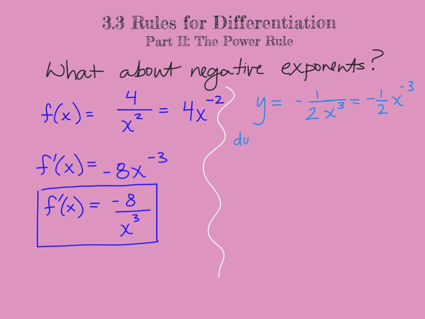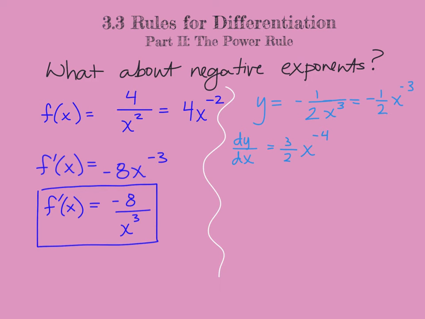So to find our derivative, y prime, or dy dx, we follow our power rule, and we bring that negative 3 out front, and we multiply the negative 3 times the negative 1/2. A negative times a negative is a positive, and so we'll have positive 3/2, and then we want to raise our exponent to 1 less than negative 3, which is negative 4. Again, be careful, it's not negative 2. We're going down, 1 less.